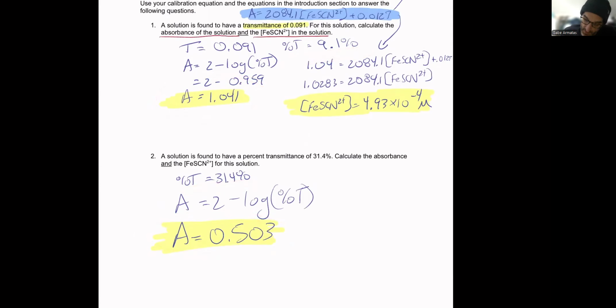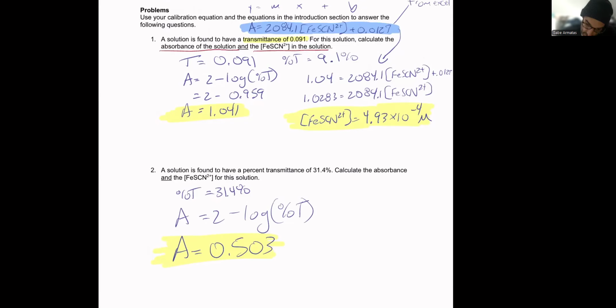Now I'm going to plug this into the equation above. Again, same idea. I'm just going to rewrite this equation because I'm going to need it below anyway. Absorbance is equal to 2084.1 times the concentration of FeSCN2+ plus 0.0127.